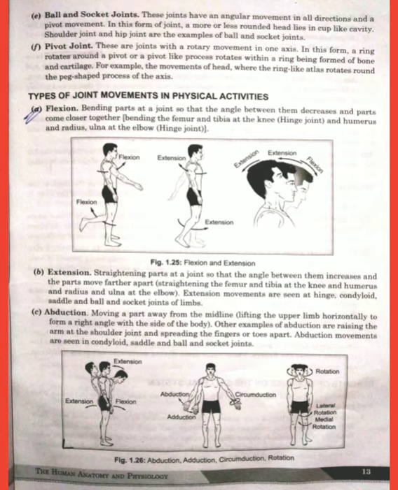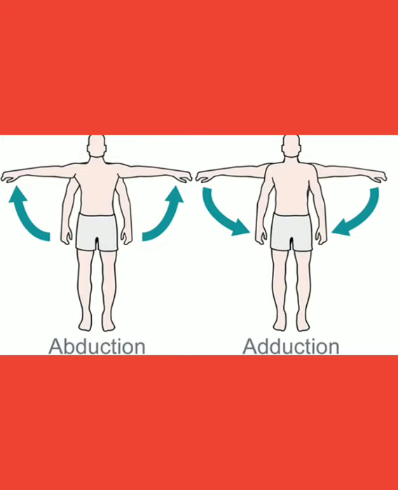The next is extension. So here straightening the parts at a joint so that the angle between them increases and the parts move farther apart. For example, straightening the femur and tibia at the knee and humerus and radius and ulna at the elbow.